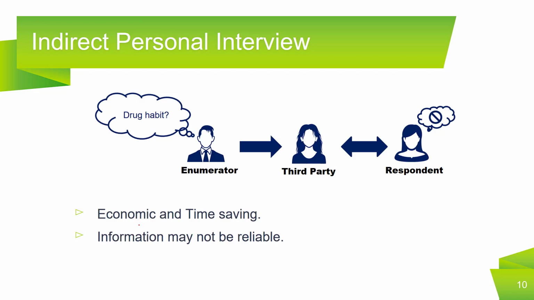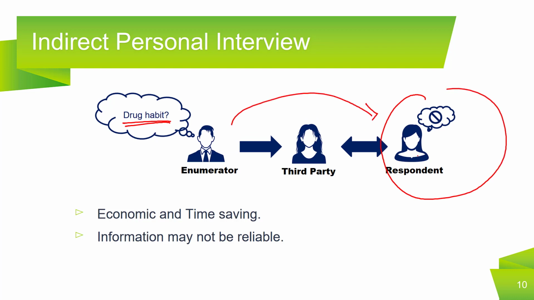Now there are certain situations where directly going to the respondent and questioning them about a particular information may not give you the desired answer. Let's say, for example, you are making a study on drug habits and this is your respondent. If you directly go to the respondent and ask about this drug habit, the respondent may not answer properly or may give you wrong answers, right?